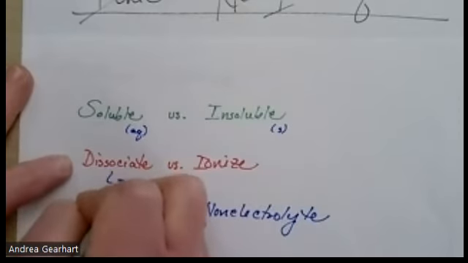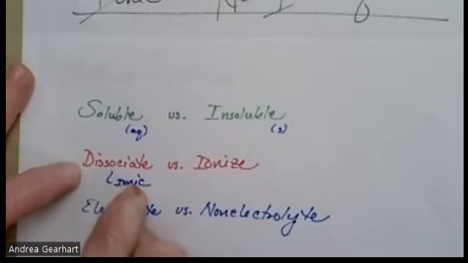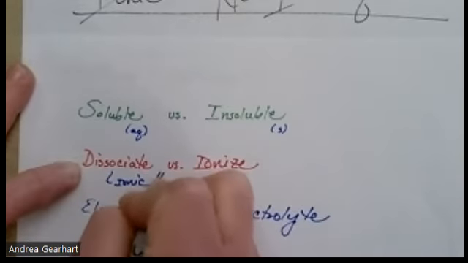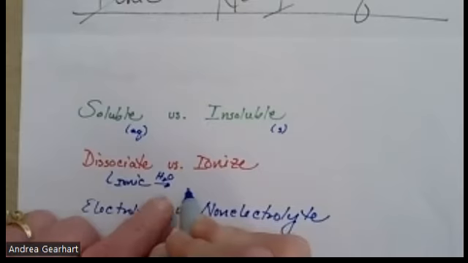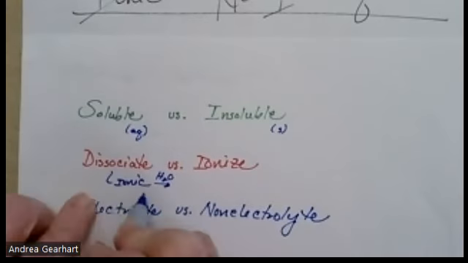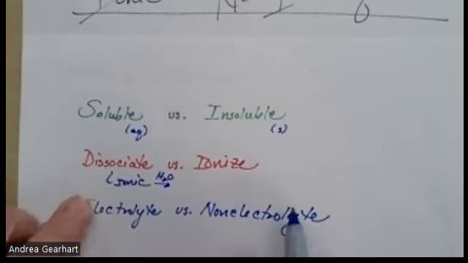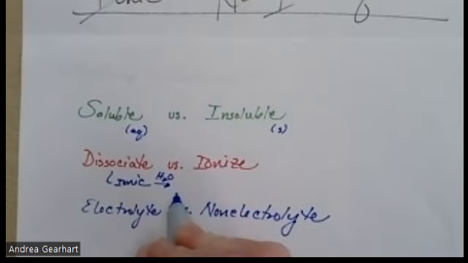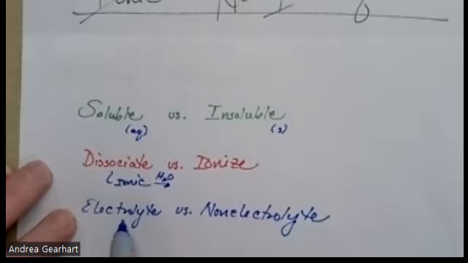Remember, ionic compounds, if they are soluble, when placed into water, break up into the cations and anions that make up the ionic compound. Then these solvated ions, or ions that are surrounded by water molecules, will be free moving, making it an electrolyte.